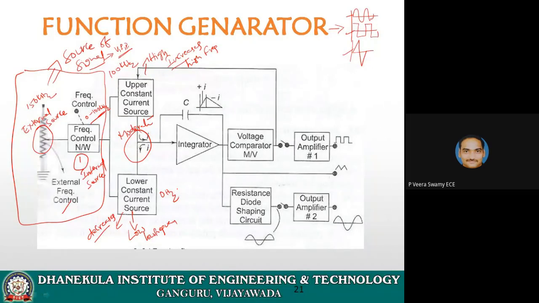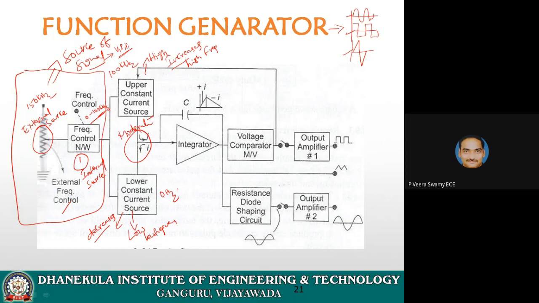You fix that 500 Hz frequency and use it for the further circuits. In this condition, there is no variation of its frequency. How are we getting that constant? Because of the constant current source only.